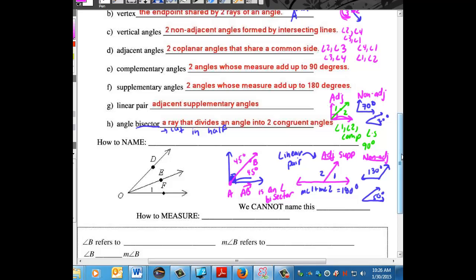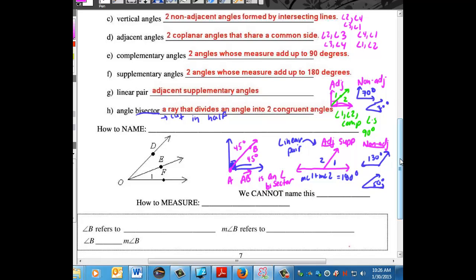Alright, next we have how to name an angle. We can name an angle with one letter, or we can choose three letters. And then we can also use numbers 1, 2, etc. when explaining an angle.